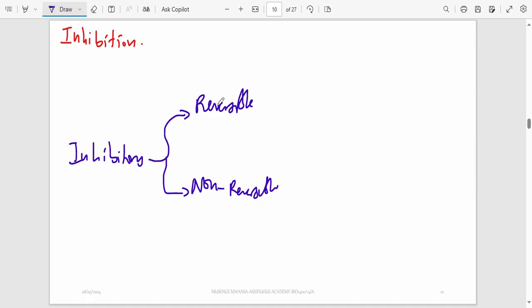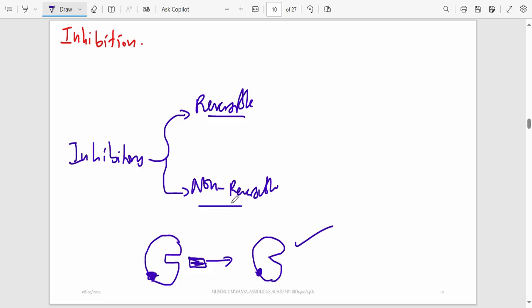Let's say, for example, here is our enzyme, and this inhibitor came and bound here. It changes the structure of the enzyme, and it makes the active site become like this. Initially, the substrate is supposed to look like this, but if the shape is like this, you can see that the enzyme can no longer work, isn't it? So that's why inhibitors can be reversible or non-reversible.